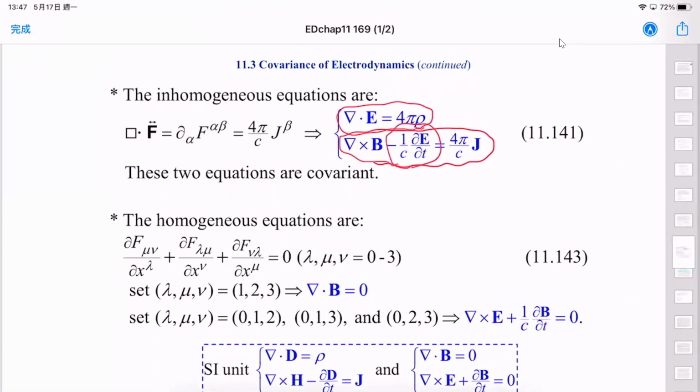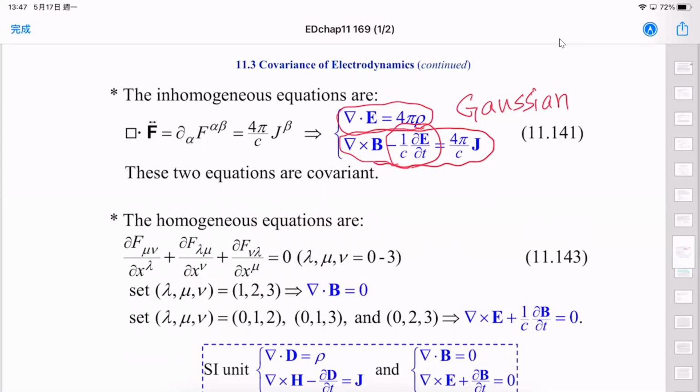Okay, this is the SI unit. This is the Gaussian unit. G-A-U-S-S-I-A-N. So the difference is 4 pi here, nothing here; 1 over C here, nothing here.